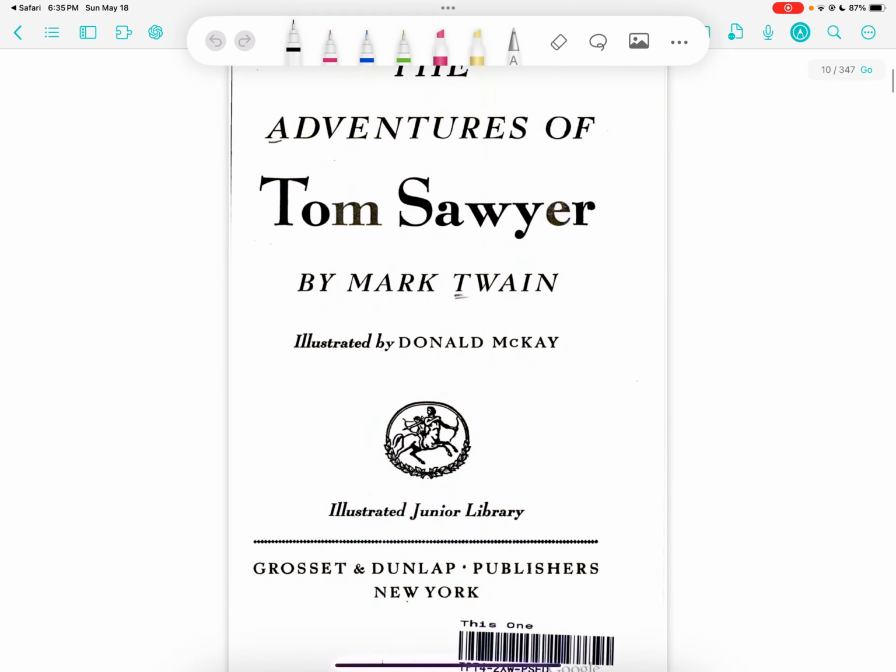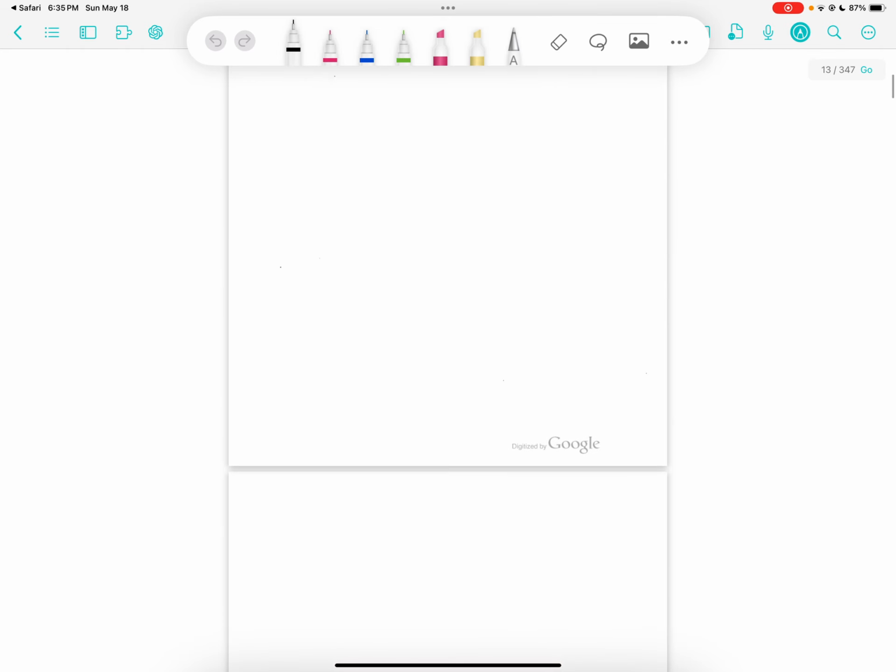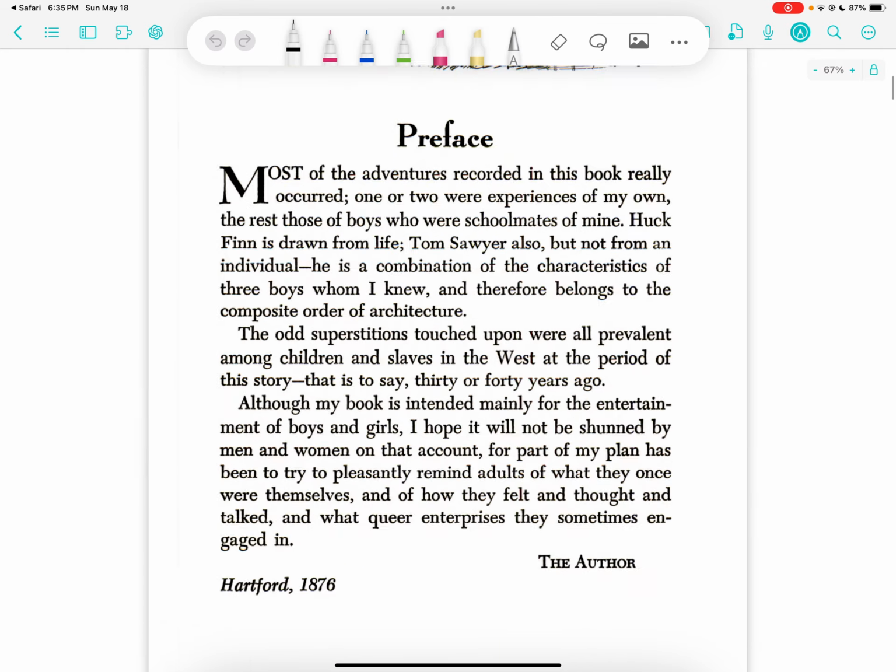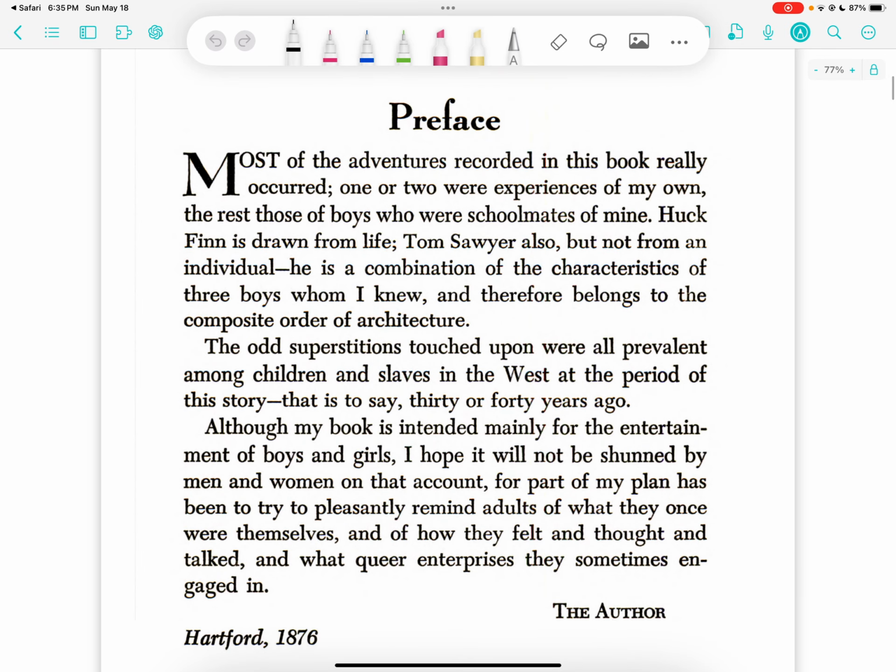The Adventures of Tom Sawyer by Mark Twain. We have a preface. "Most of the adventures recorded in this book really occurred. One or two were experiences of my own, and the rest those of boys who were schoolmates of mine. Huck Finn is drawn from life, Tom Sawyer also, but not from an individual. He is a combination of the characteristics of three boys whom I knew, and therefore belongs to the composite order of architecture.